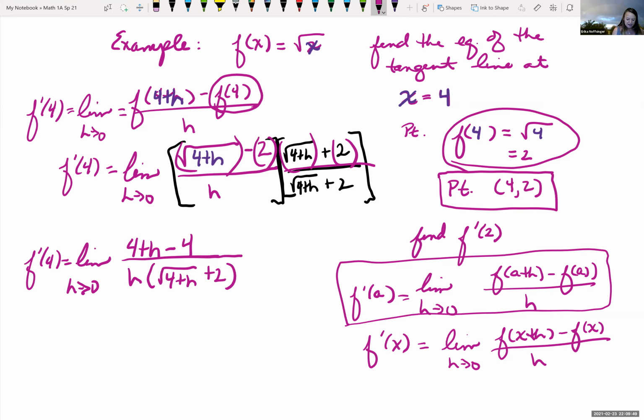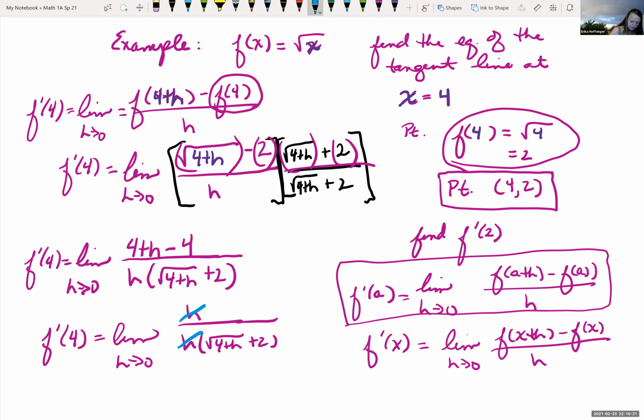So now as this simplifies down, the 4's cancel. And once the 4's cancel, we have a single h in the numerator all over the denominator. One of the factors is h, so that's going to cancel. If you want me to write it, this is the limit as h goes to 0 of h all over h times the parentheses square root of 4 plus h plus 2.